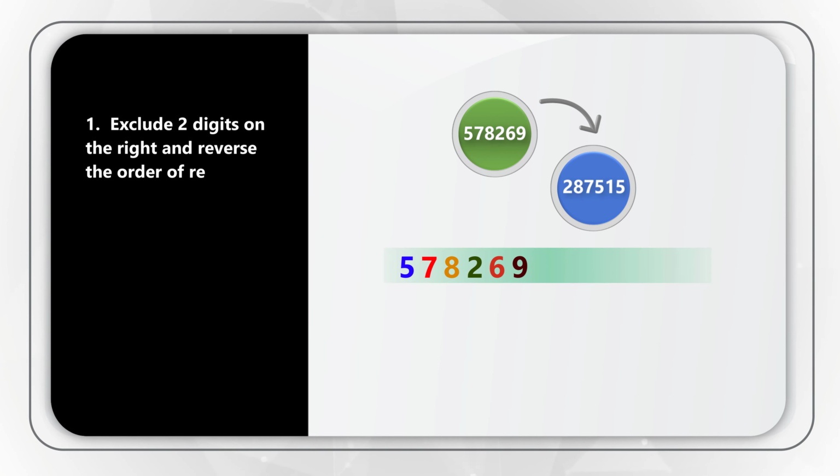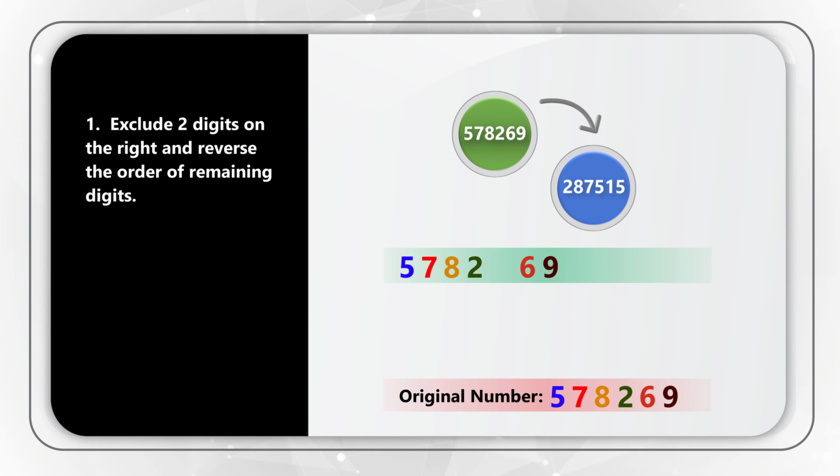Step 1. We need to exclude 2 digits on the right and reverse the order of the remaining digits. For example, the original number is 5782 and then 2 digits 69. We separate 69 and then reverse the order and the number becomes 2875, and then we do the remaining calculations with the numbers 6 and 9.